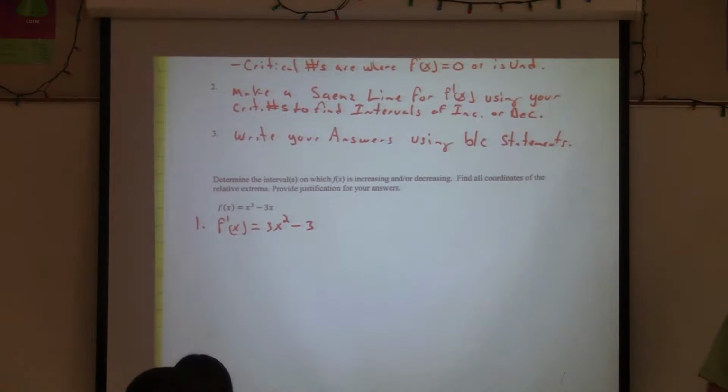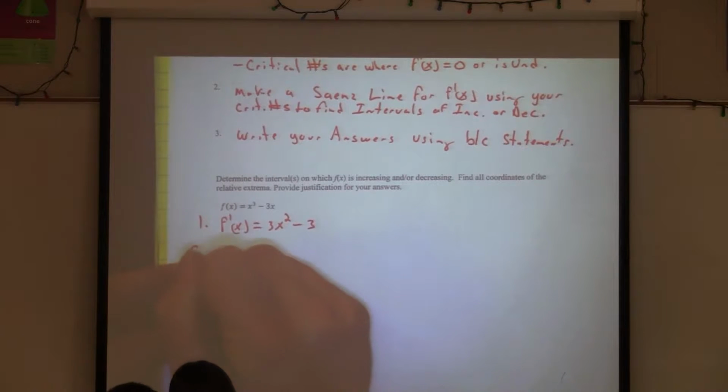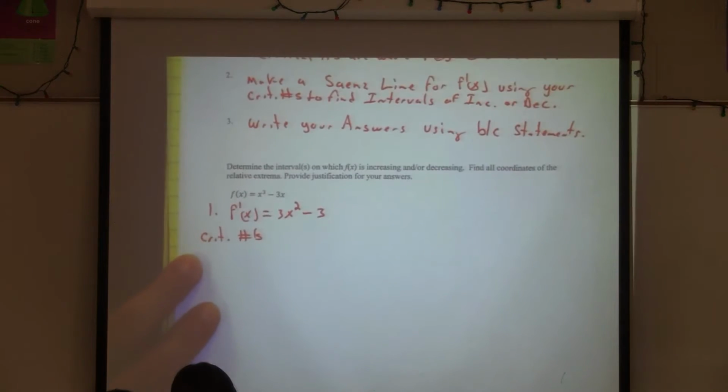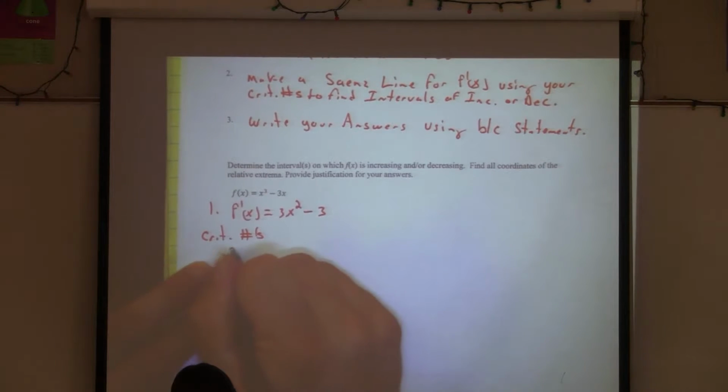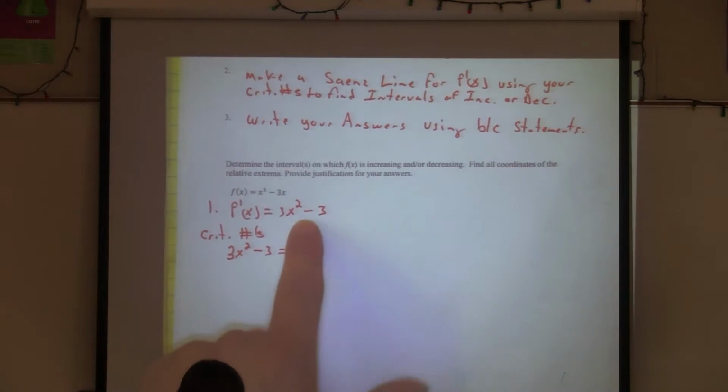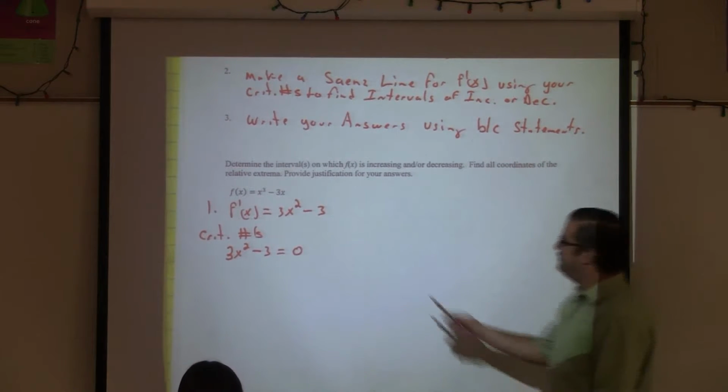Okay? So now, what's the next thing we gotta do? Find what? Critical numbers. So let's find our critical numbers, and how do we find those? Find out where the derivative is equal to 0 or undefined. In this case, this function can never be undefined, right? Because it's a polynomial.